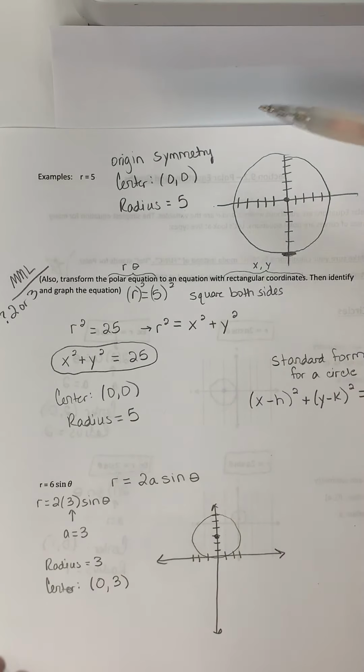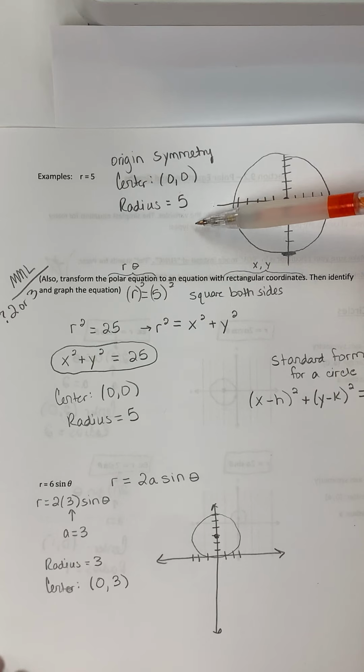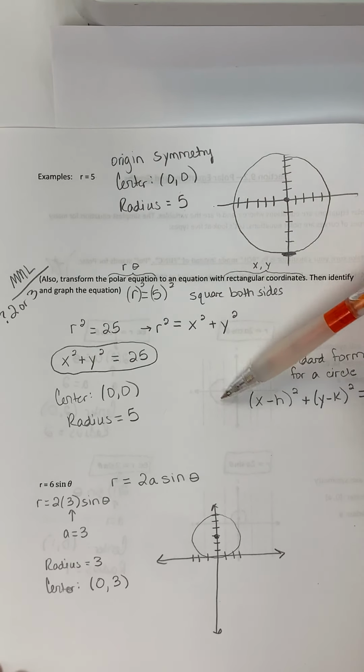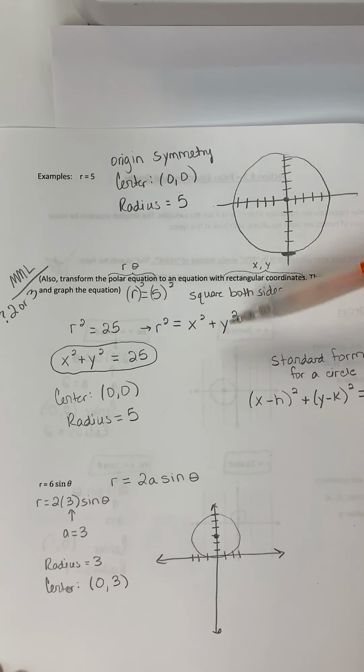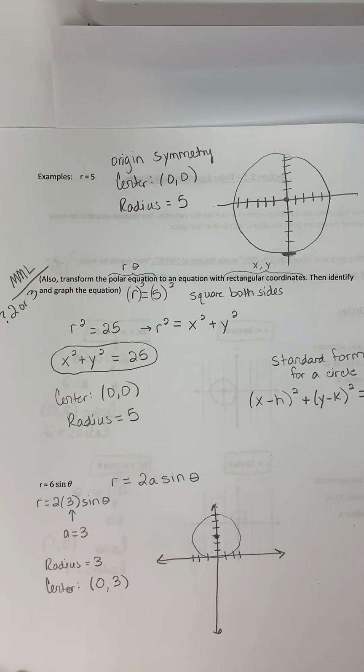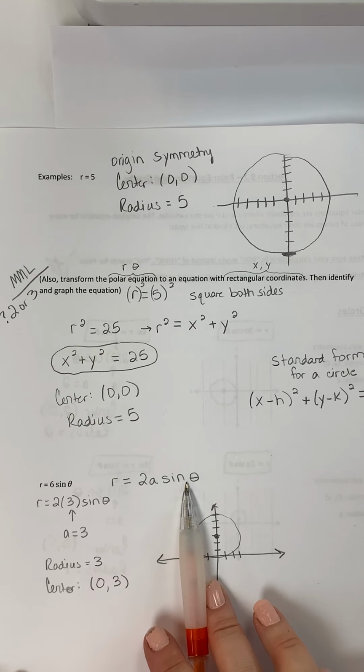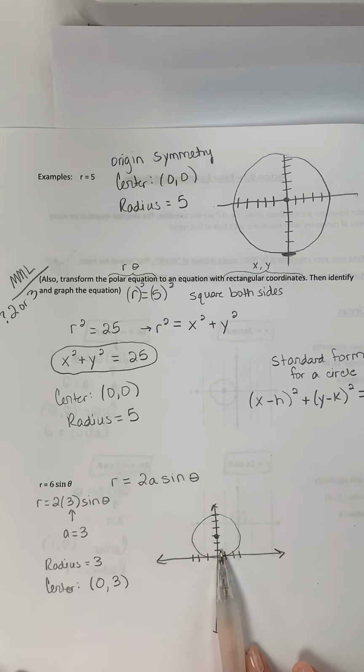So you can go back and forth between these rectangular equations and polar equations, and you know more than you think you do about the rectangular. And we're going to learn how to deal with what we know about the polar. So those are your types of circle equations. You have three types. You have the 2a sine theta, y-axis symmetry.